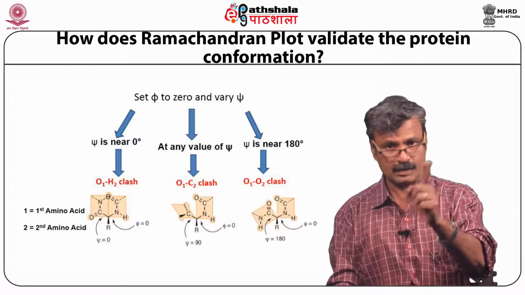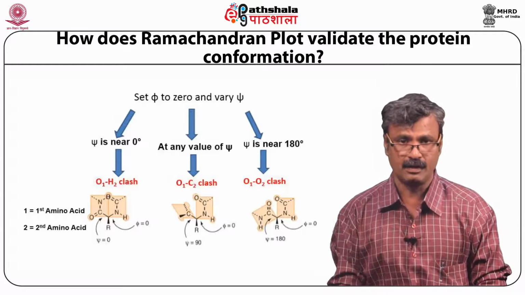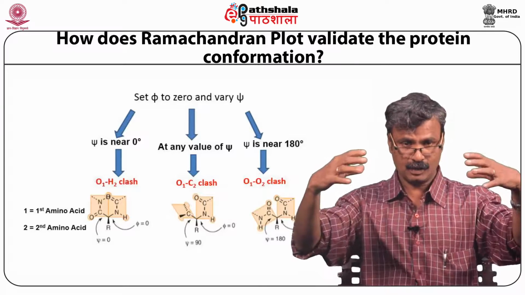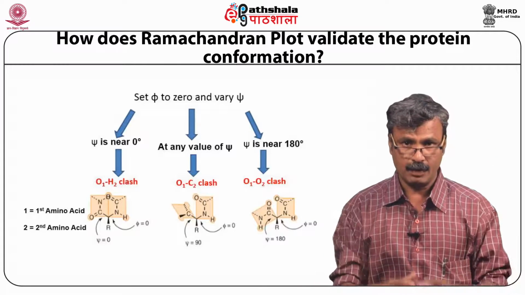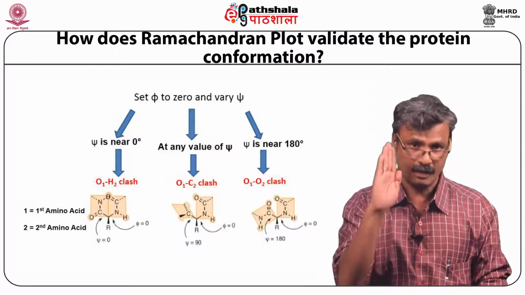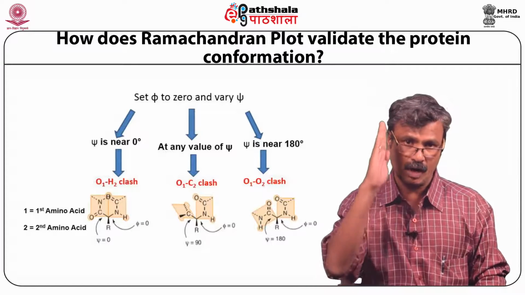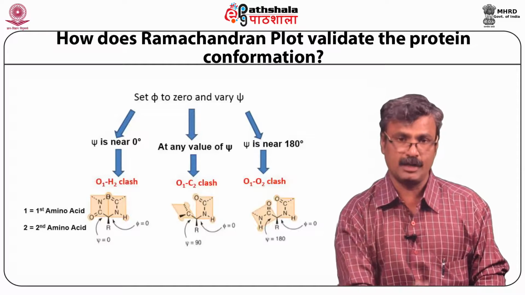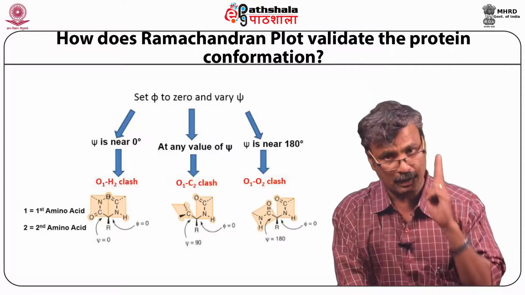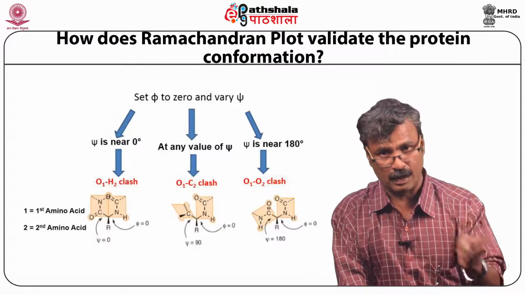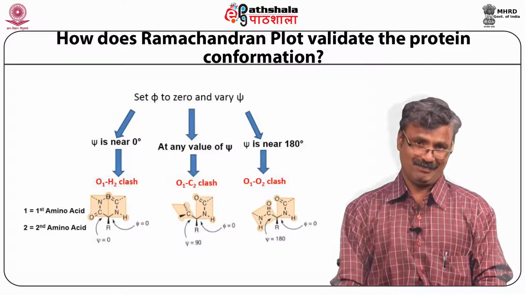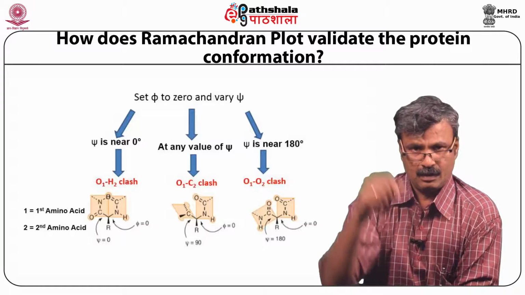The backbone side chain clash has also been verified by Ramachandran. As a result of these 3 strategies, they developed a map called the Ramachandran plot, which explains which phi-psi torsion angle combination values are energetically allowed, sterically allowed, energetically disallowed, sterically disallowed.